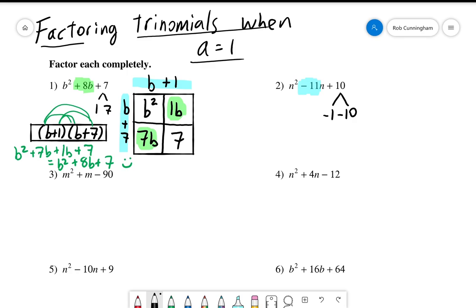Now again, if we were doing the general trinomial formula, we would split the middle term and move forward from there, but because we have a equals 1, because this lead coefficient is 1, we have the luxury of just moving on straight to the final answer. n minus 1 times n minus 10.